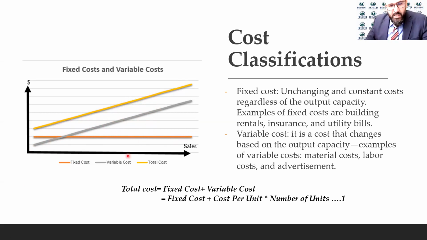So if we need to write an equation for the total cost, the total cost is equal to the fixed cost plus the variable cost. And the variable cost is calculated by multiplying the cost per unit times the number of units.